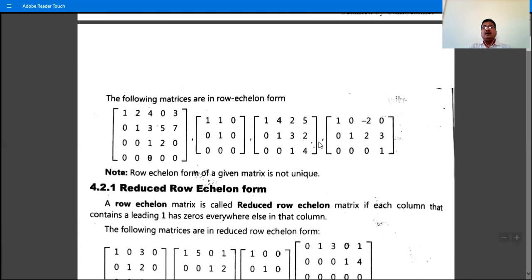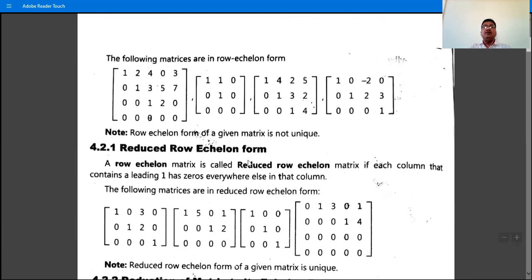That is, for example, the first column contains a leading one, so if you observe, the elements other than 1 are 0. So this condition is satisfied for the first column.